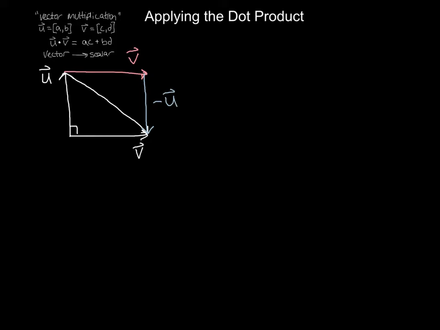Now we can label this not u, it's v minus u, right? Because first we did our v and then we subtracted a u vector. So v minus u. Now that we have a right triangle, let's put to work our Pythagorean theorem and see what we can come up with.